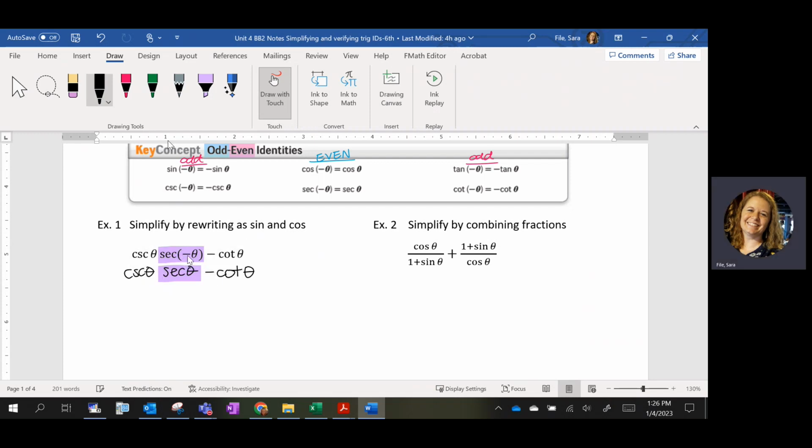Now that I've gotten rid of that extraneous negative that would have been kind of confusing, now I'm going to replace everything and put them in terms of sine and cosine. So cosecant is the reciprocal of sine. Secant is the reciprocal of cosine.